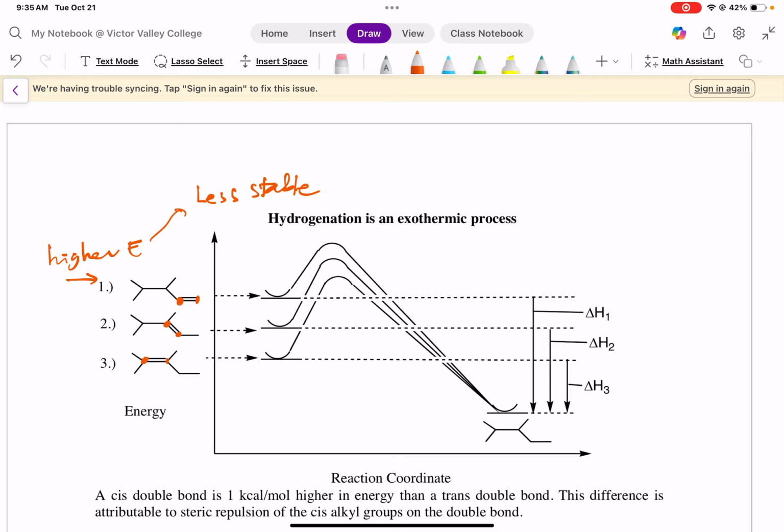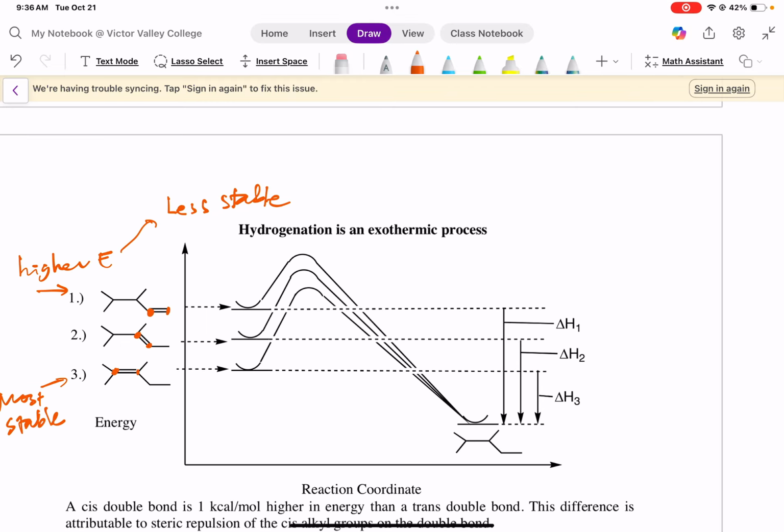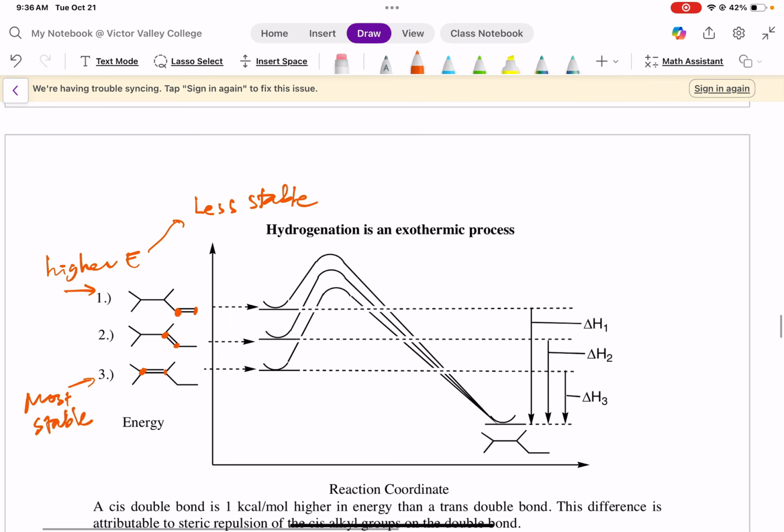Okay, so the number one is the least stable because the double bond is at the terminal, so there's barely any branches. However, 3 is the most stable because it's an internal double bond with all 4 branches, meaning all the branches have atoms with orbitals, and the electrons from the pi bond can be shared, can be spread out, making it more stable. That's one reason.